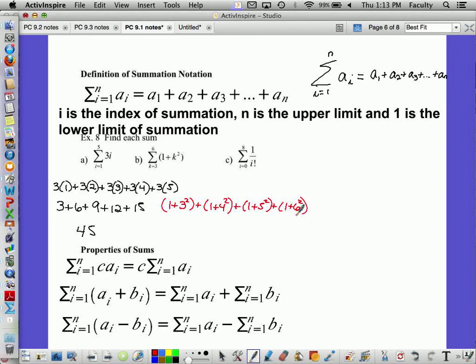What I want to point out to you is that there are not 3 terms. We normally think 3 to 6 is a difference of 3, which it is, but you're counting 3, 4, 5, 6. That's actually 4 terms.